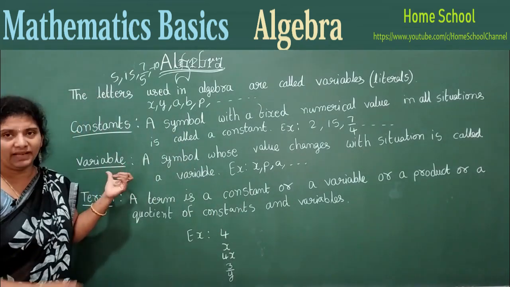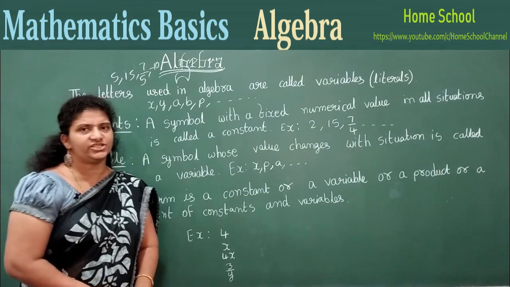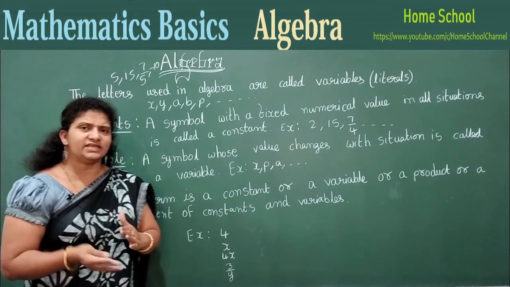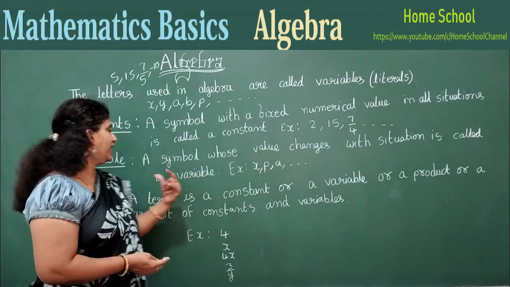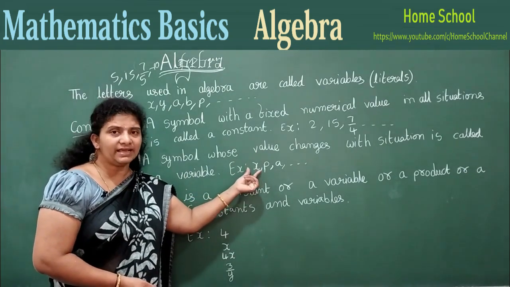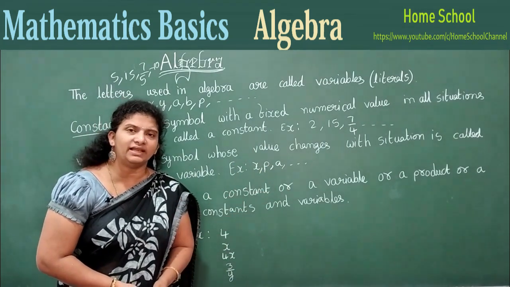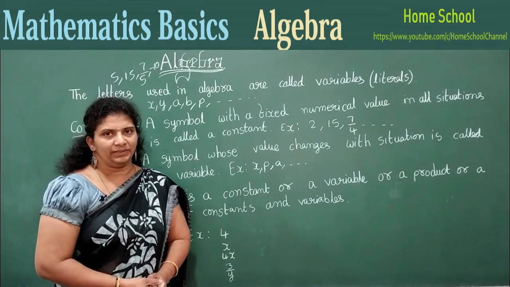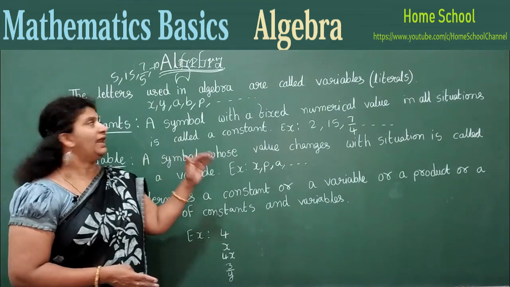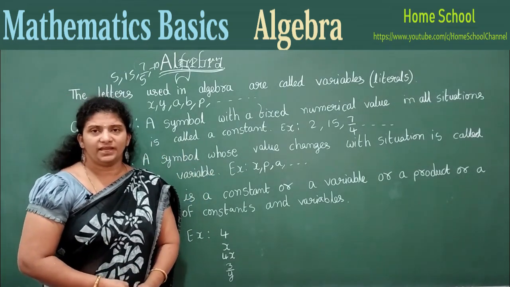Coming to variable: a symbol whose value changes with the situation. See, this value is not fixed. It will be changing according to the situation, and it is called a variable. For example, x, p, q, a, l, m, n, any alphabetical letter we use as a variable. Understand carefully here. In algebra, the letters we use are called variables.